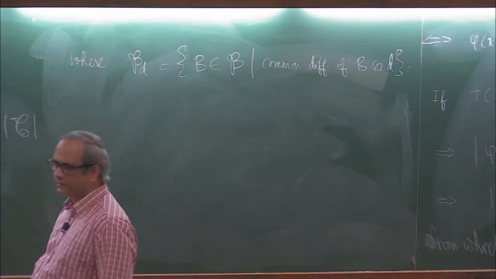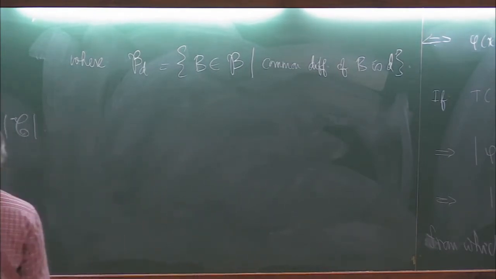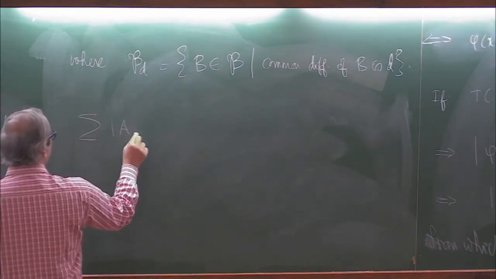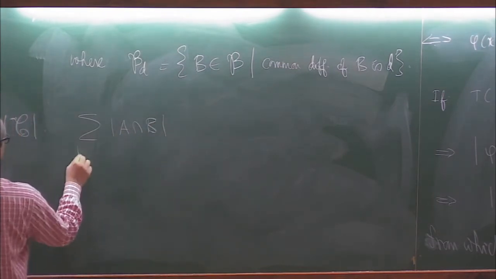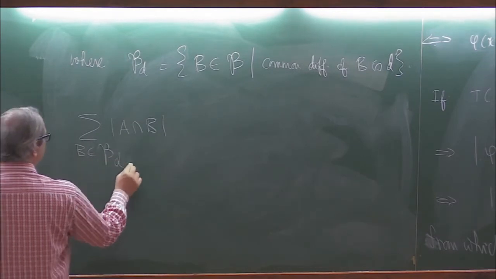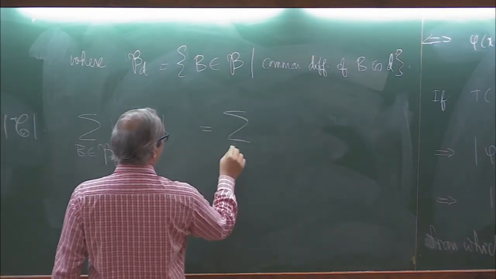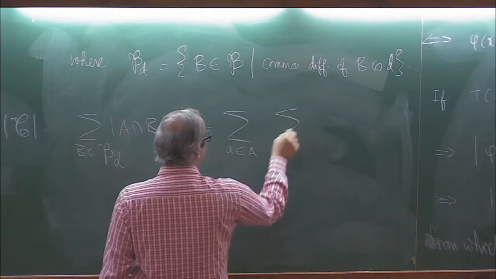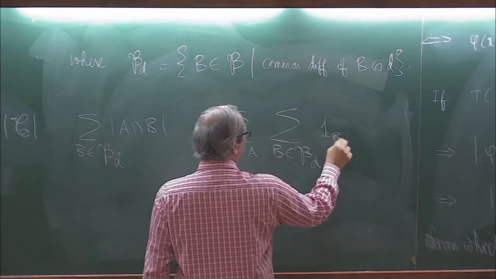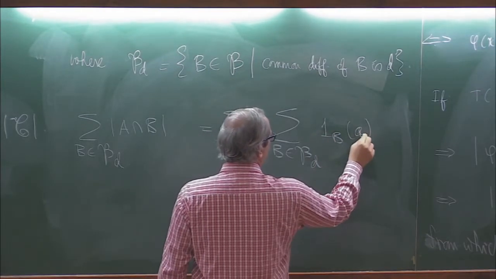Now one can write this further, just to introduce how to write the A intersection B using the characteristic function of, let's say, B. So this can be written as the sum of the cardinality of A intersection B, B in beta d. This can be written as the sum over A in A, sum over B in beta d, of 1 of B acting on A.